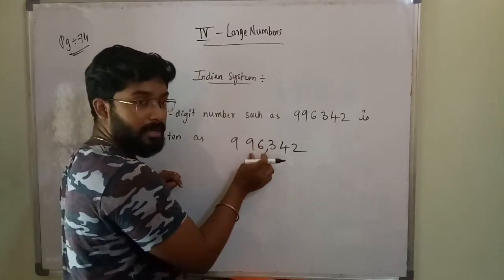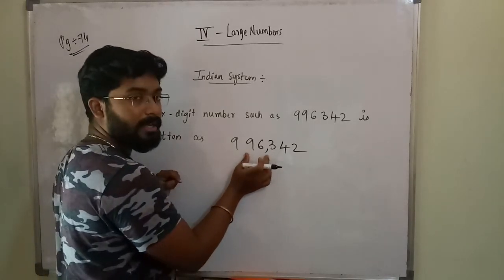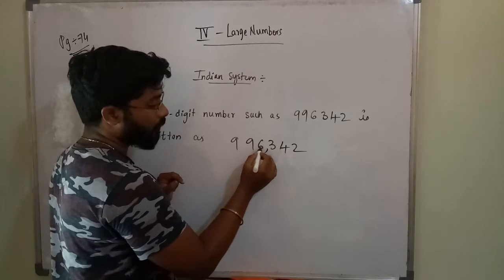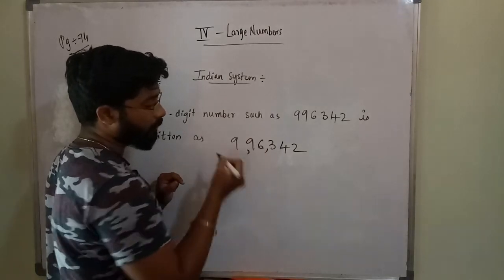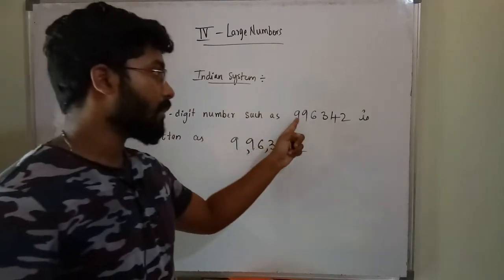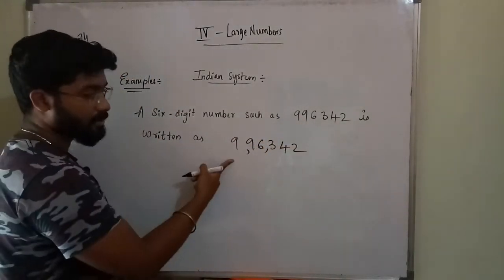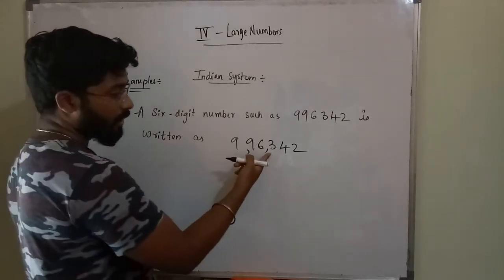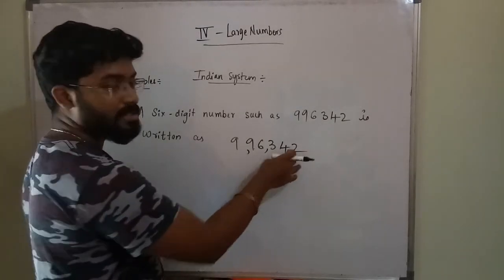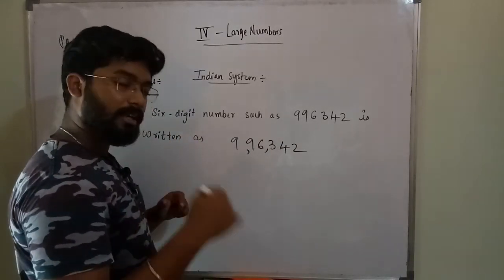Next you get the thousands period. How many place values are there in thousands period? In the Indian system, 2. So after 6 and 9 I put 1 more comma. So this 6-digit number can be written as this. We are separating each period by comma. Ones period has 3 place values in the Indian system, and in the international system also.